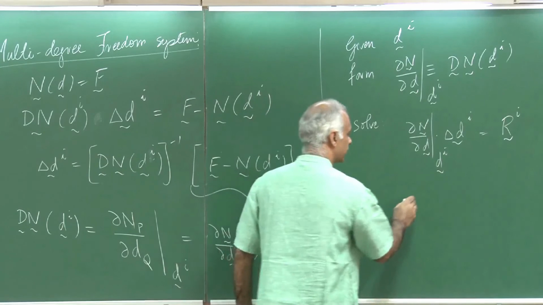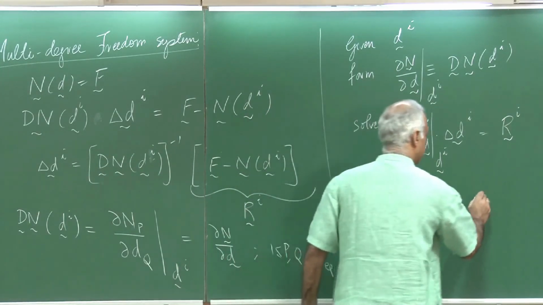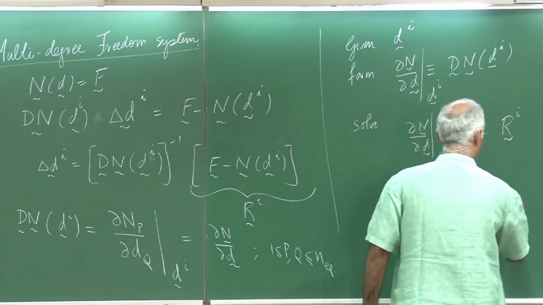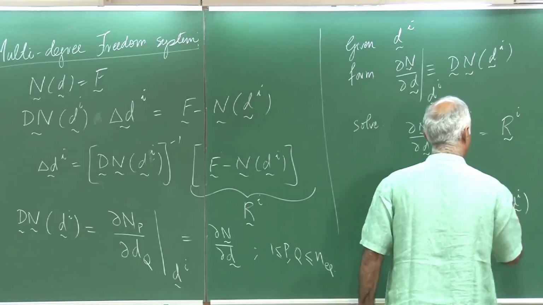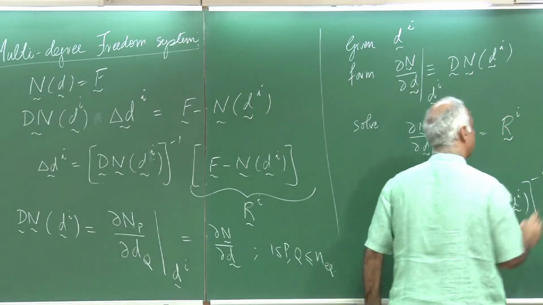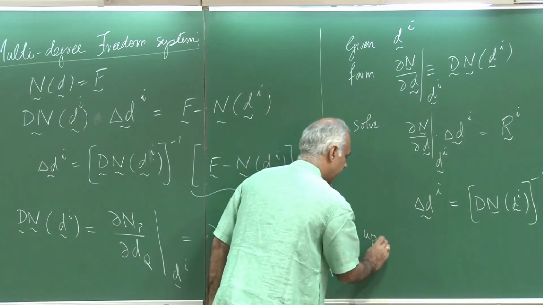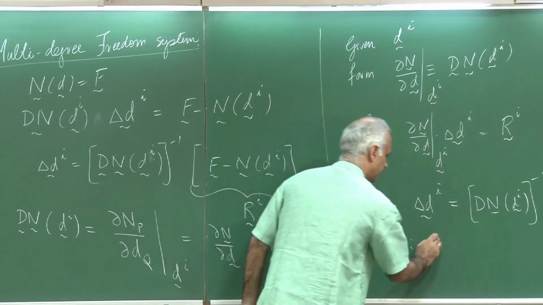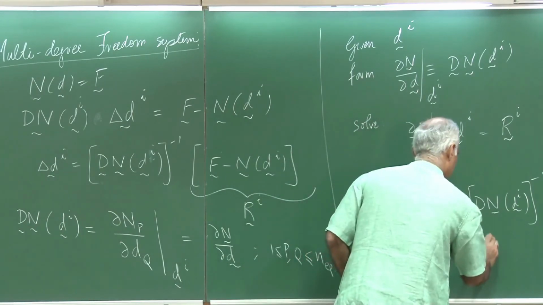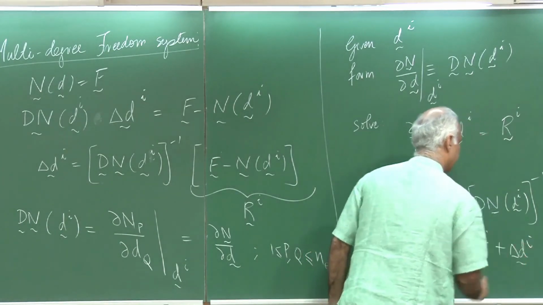And the way to solve this would be that my delta d_i is simply dN of d_i inverse times R_i. And then the next step would be that we update, that my d_(i+1) is actually d_i plus delta d.